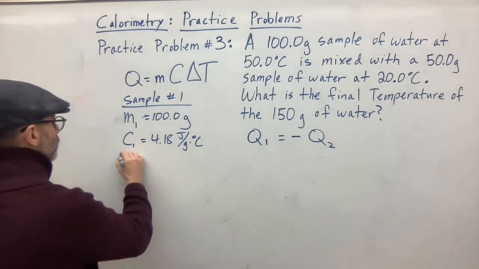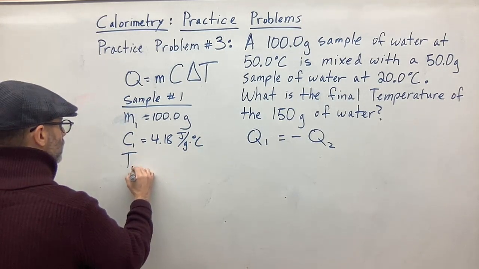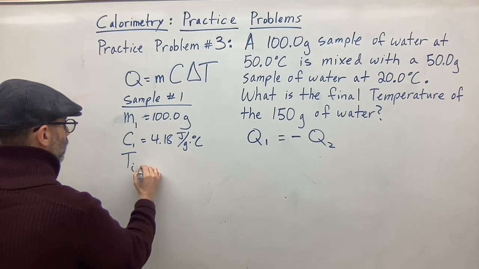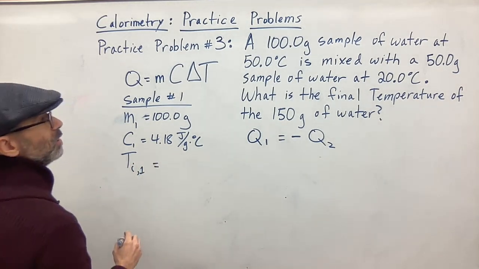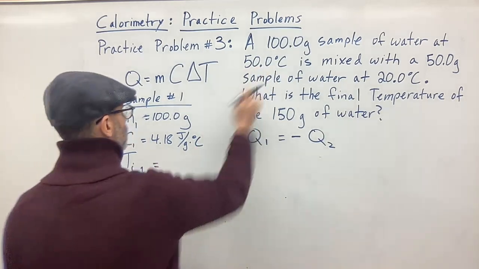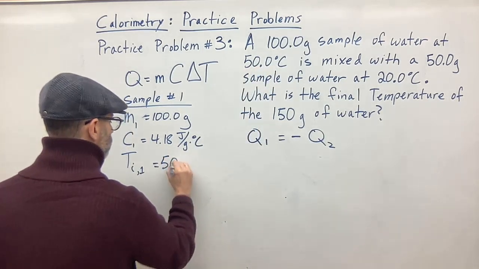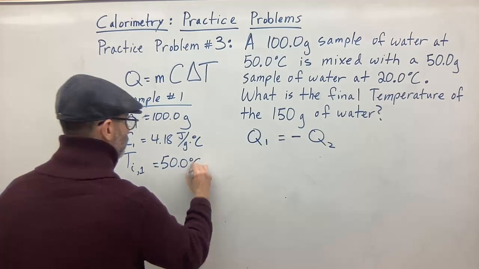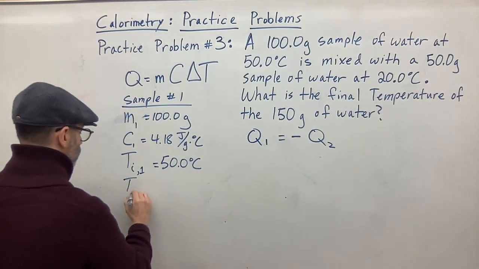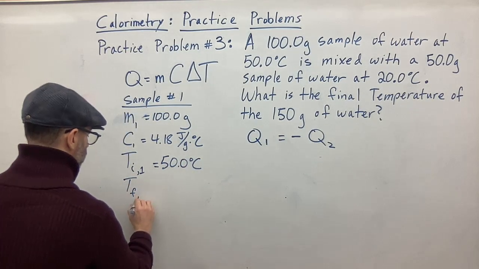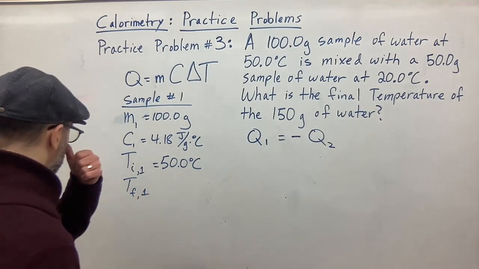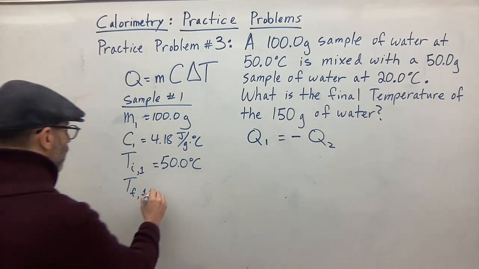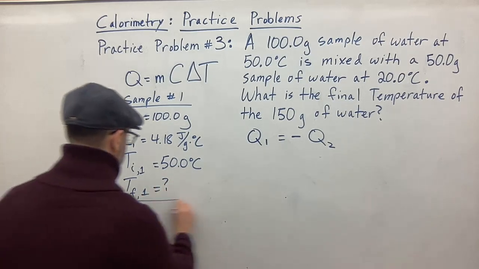Our initial temperature, T initial of the first sample, is equal to 50.0 degrees Celsius. And we're trying to find the final temperature of sample number 1. Okay, so we don't know that.